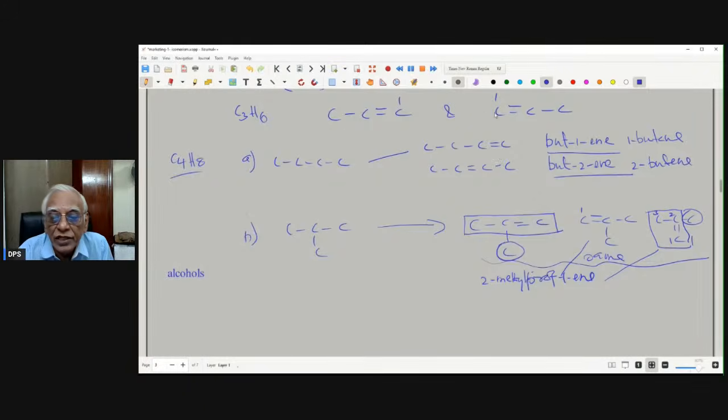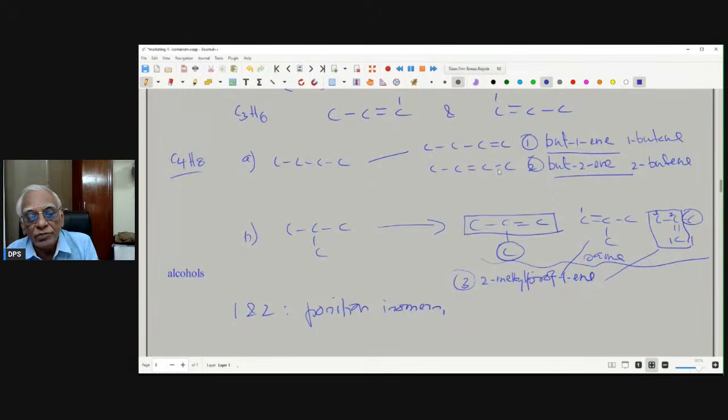Now, I shall give them the number. This is going to be compound number 1, and this is going to be compound number 2, and this is going to be compound number 3. There are on the whole 3 isomers. 1 and 2 are position isomers. Why? Because they have got the same molecular formula, same functional group, same carbon chain, straight chain.